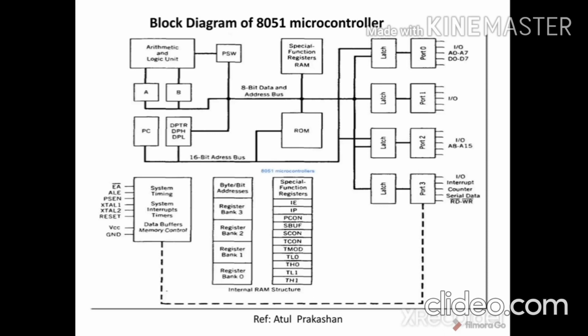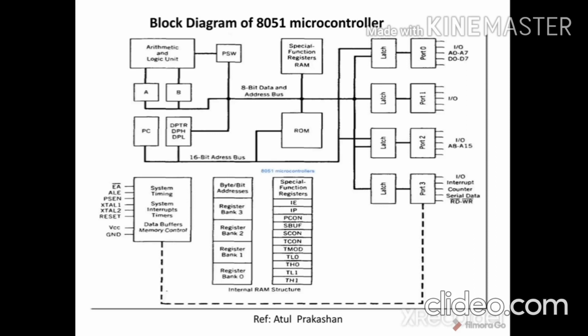Port 1 is used only for input output purpose. Port 2 is used as input output port plus higher order address bus. Port 3 is used as input output port plus it also contains interrupt, counter, serial data, read, write, etc.